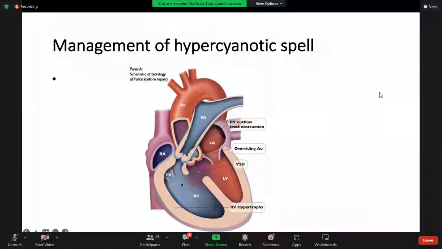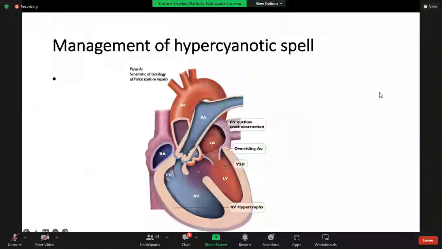What happens is, due to an unknown etiology, the infundibulum, in the pulmonary valve, goes into spasm, and it will completely shut down the pulmonary blood supply, increasing the pressures and causing more shunting from right to left, causing more desaturation in your systemic circulation. Can you understand? So that's what we call a hypercyanotic spell. So it is a sudden deterioration of the cyanosis due to the worsening of the shunt.